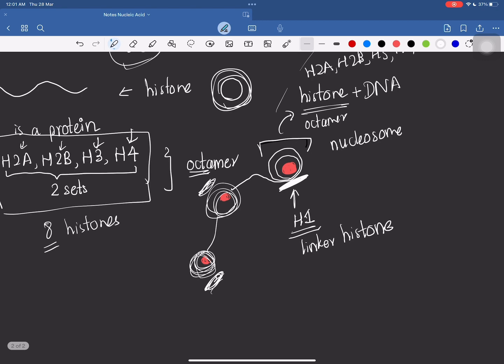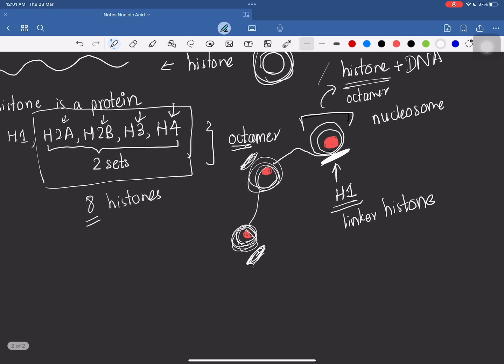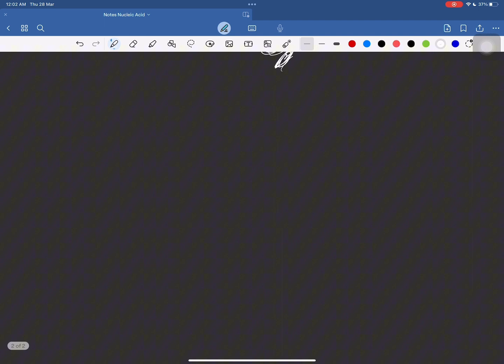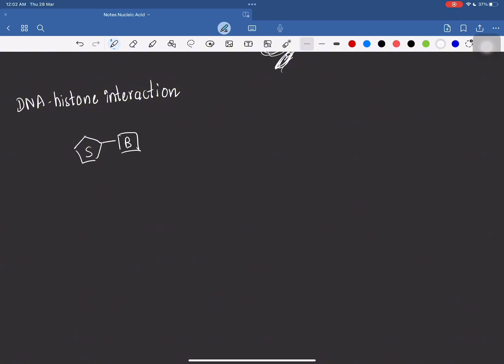Okay, so we talk about how DNA will be together with the histone to be packed in the chromosome. So how they are interacting. So DNA histone interaction. Okay, so let me draw again the DNA, the phosphate.